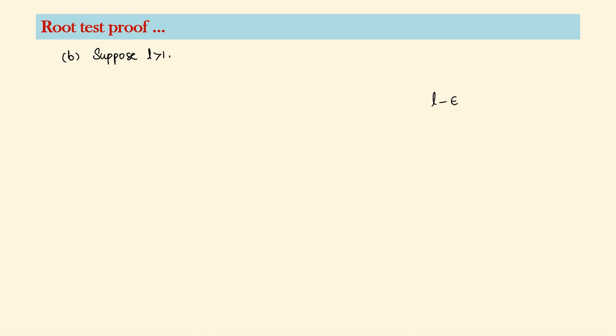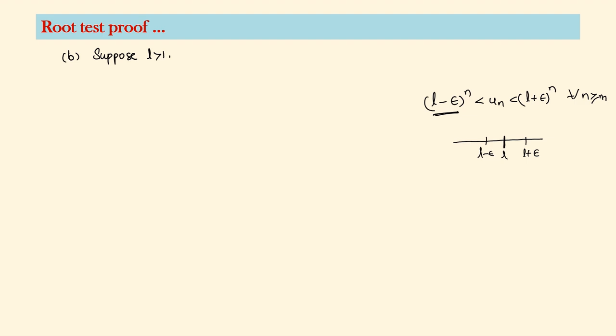(L minus epsilon) whole power n is less than u_n less than (L plus epsilon) whole to the power of n for all n greater than or equal to m. Here L minus epsilon is on the left side of L, and L plus epsilon is on the right side of L. So what is this condition? L is greater than 1. Our L is greater than 1.